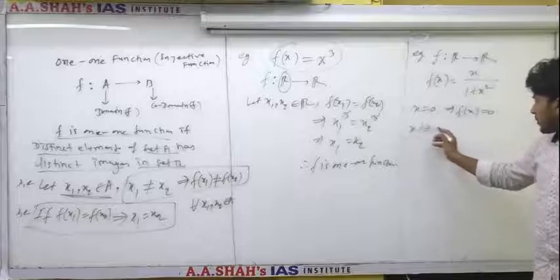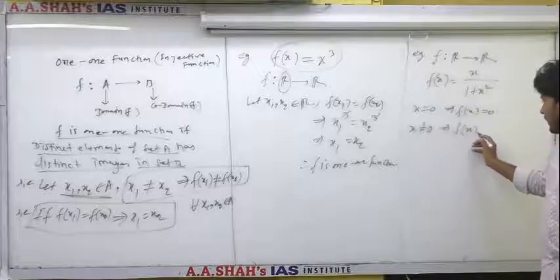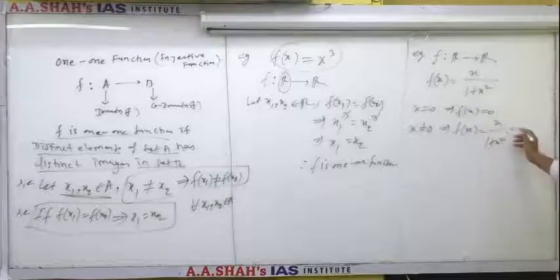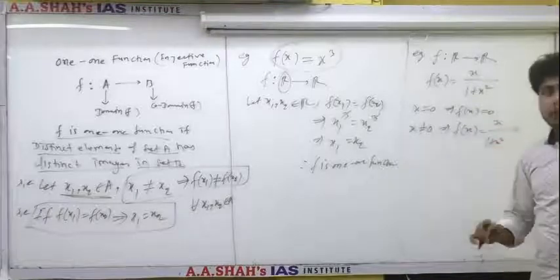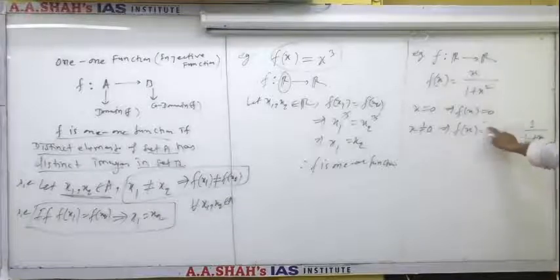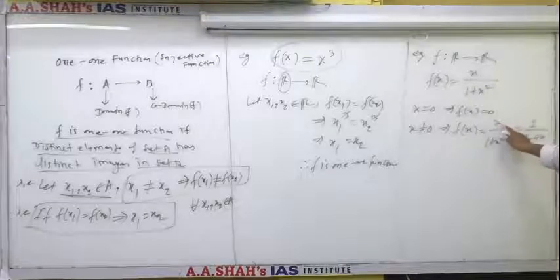If x is not 0, then we can write f(x) like x upon 1 plus x square. If we divide numerator and denominator both by x, we will get 1 upon x plus x. We divided this fraction numerator by x and denominator by x. So we get here 1 upon 1 by x plus x.